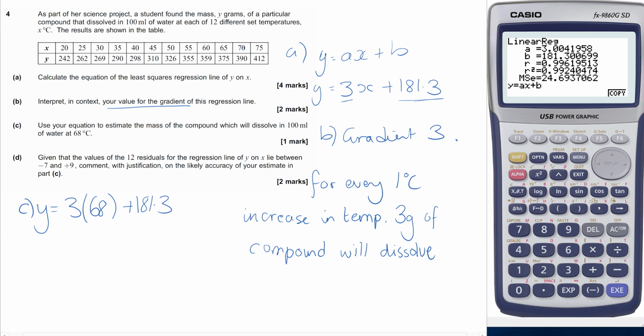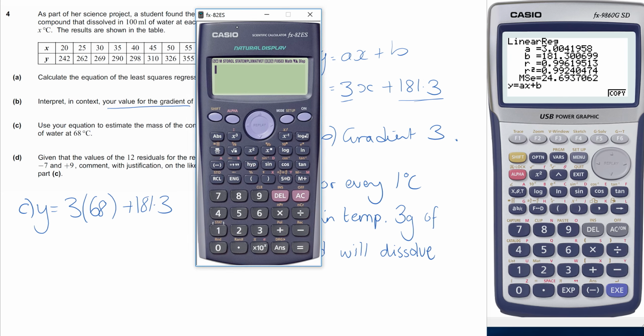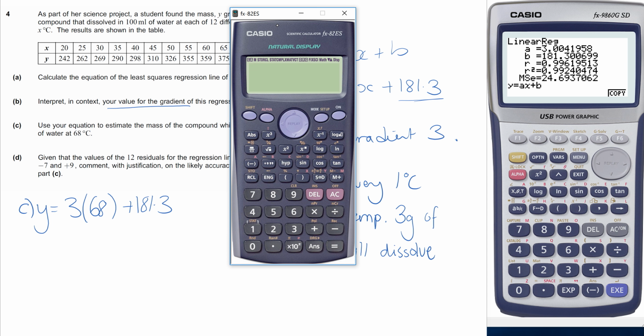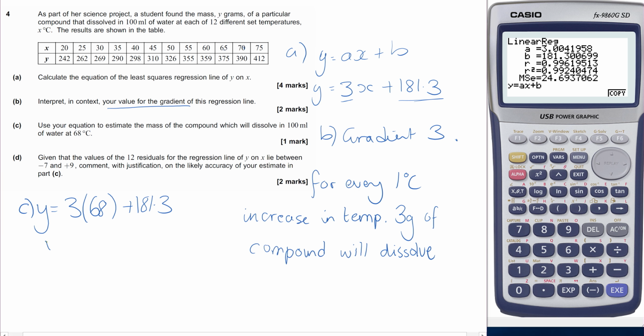So if we just grab our normal calculator, we're just going to do 3 lots of the 68 plus 181.3. So we end up with 385.3. So y equals 385.3, and that's grams, because that's how much compound is going to dissolve in 68 degrees centigrade.